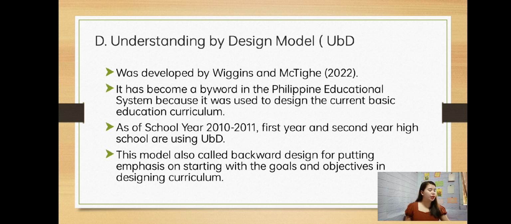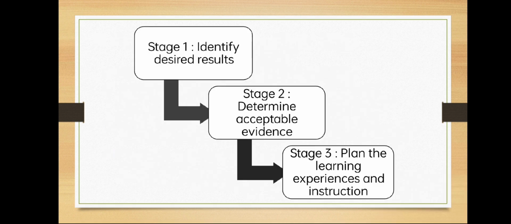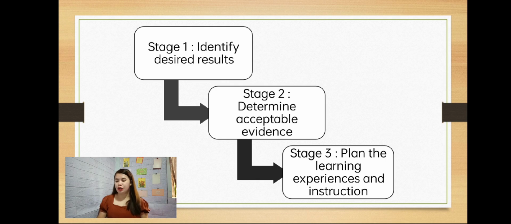As of school year 2010 to 2011, first year and second year high school are using UBD. This model is also called backward design, from putting emphasis on starting with the goals and objectives in designing a curriculum. And here is the illustration.